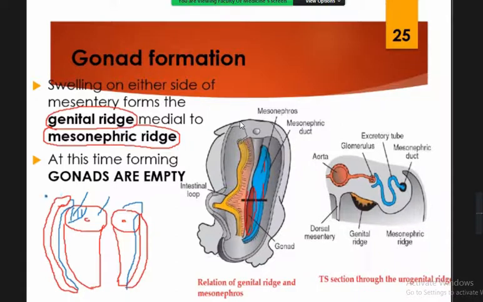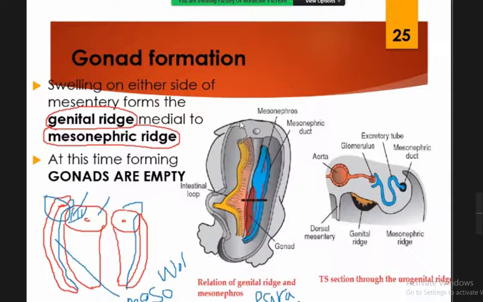And these two have associated duct systems. So in blue is the mesonephric duct that we saw. It's the tube you can see here in blue. And sometimes instead of calling it mesonephric duct, it's going to be called a Wolffian duct. Take note of that. Then, still there is another tube, and that is the paramesonephric duct.